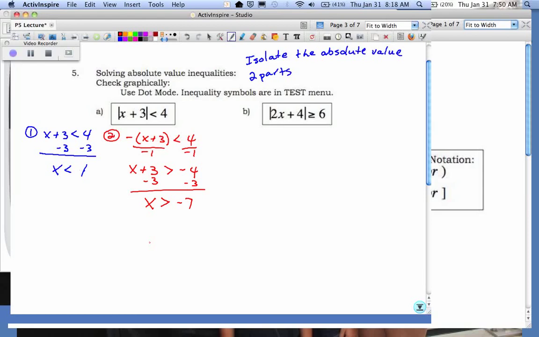If you think of this as distance from 0, this is telling us that in the original problem, your distance from 0 has to be less than 4. Can you picture this in your head, what that means?